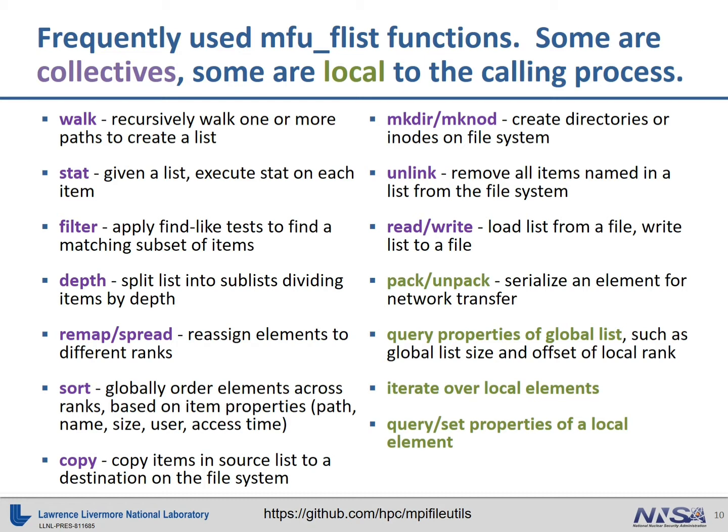Read and write, these are important. This is getting into that common file format I was describing. These are the functions that will read a file list back in from a file or write one out to a file. And then all these items in green are the local operations. Basically, it's a way for the process to query the information that's local in its subset of the global list.